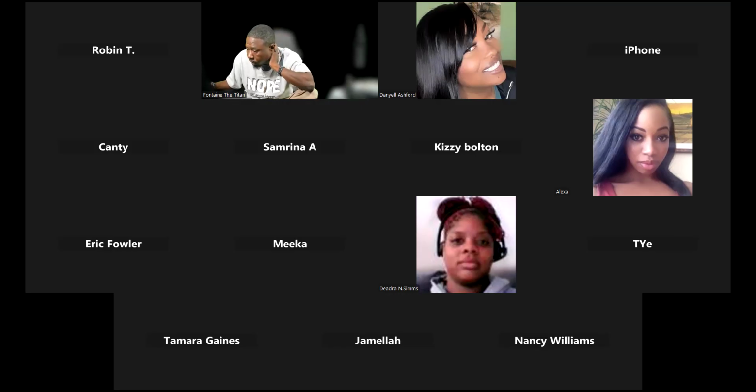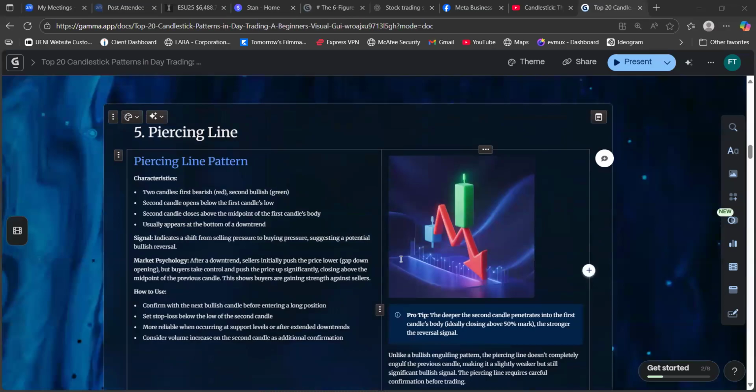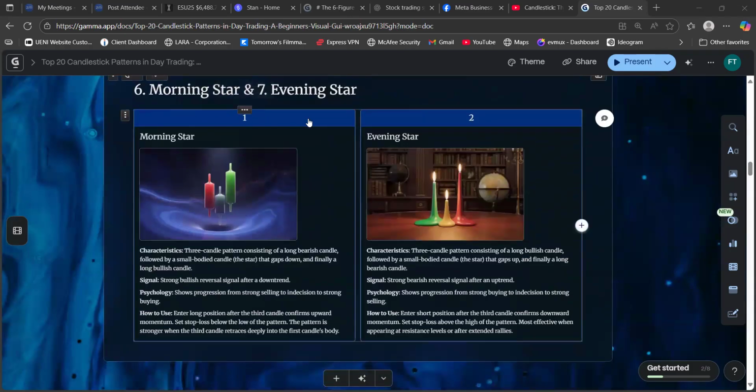Let me get back to my screen share. All of these particular candle patterns, once you go through this PDF: you've got the piercing line pattern, the morning star and the evening star pattern.